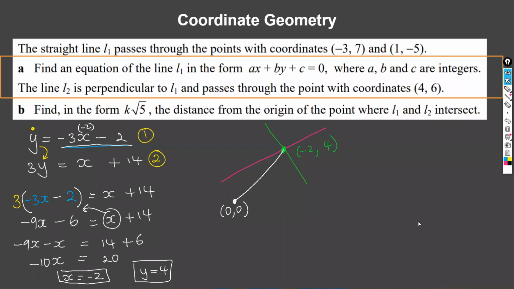Let me put back the formula on how to find the length of a line in case you're a little bit rusty. The length of a line is y2 minus y1 squared plus x2 minus x1 squared, and you have this huge annoying square root sign over it. You have 2 points. Call the first one x1 and y1.